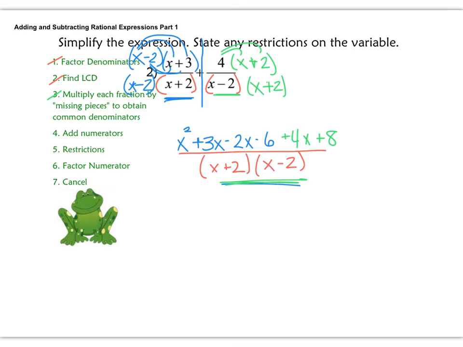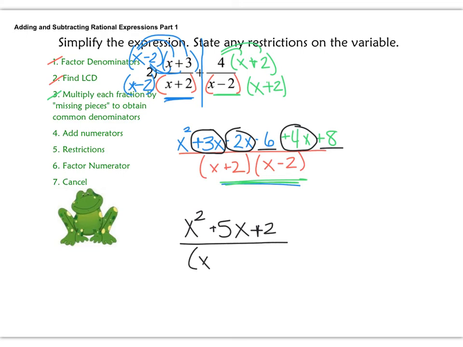So in other words, put your like terms together. We have an x squared, and then I have 3x minus 2x is 1x, plus 4x is 5x. Negative 6 plus 8 is a positive 2 over that common denominator.